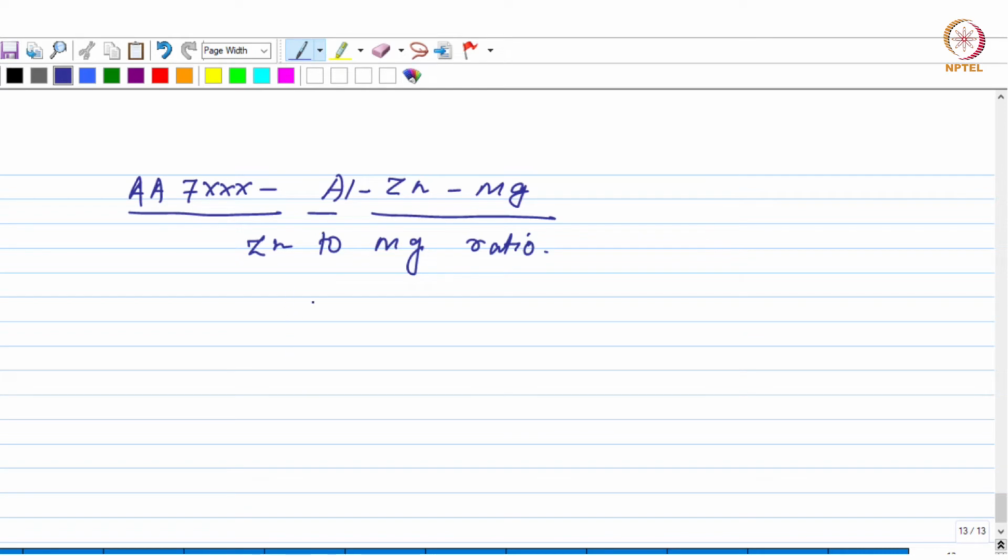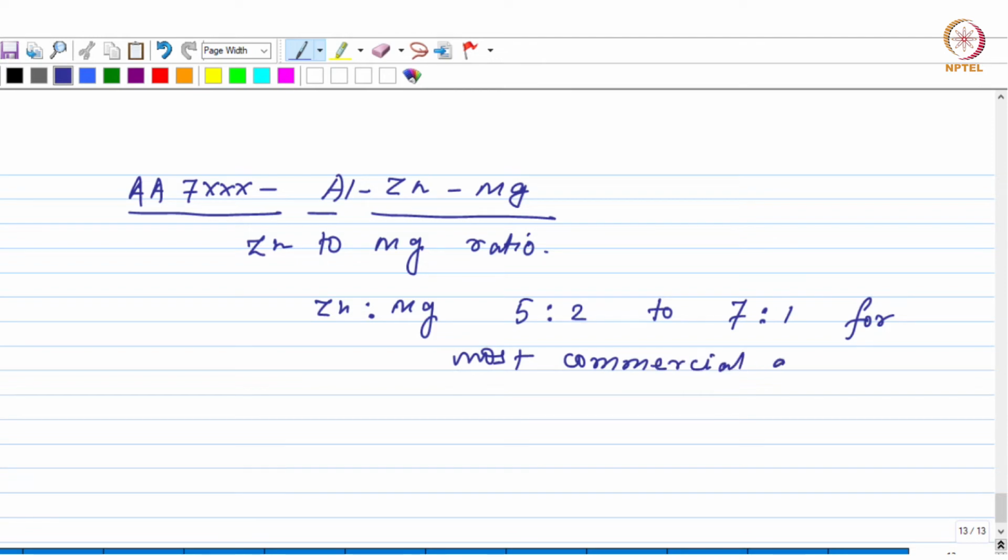In most of the commercial alloys, the zinc to magnesium ratio varies from 5:2 to 7:1. And the precipitation sequence in that case would be as follows.